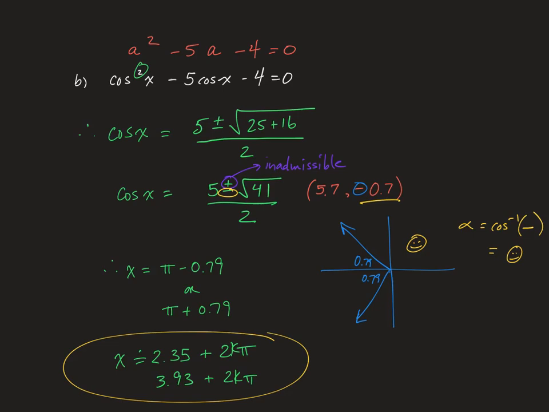If it can't give you that, then it's going to give you the second quadrant solution. And that's what you just experienced there. It actually gave you the principal angle when you pushed buttons on your calculator.